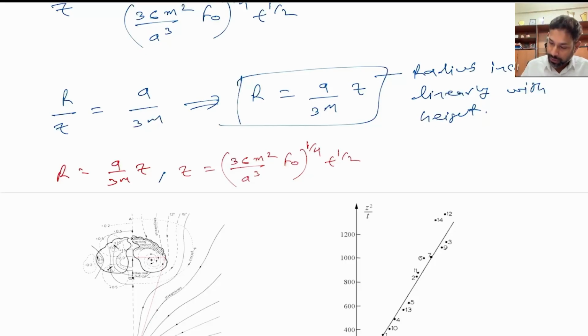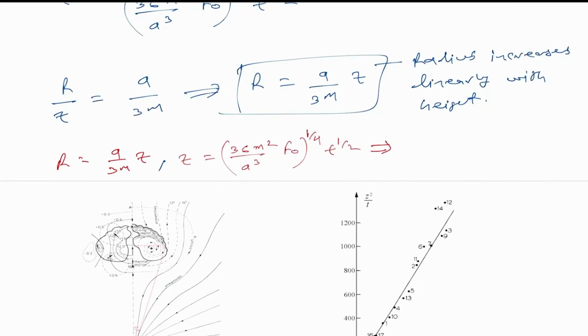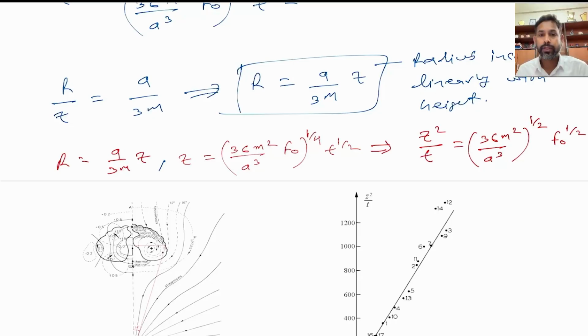Okay, so in this case this second equation gives us, let's say, an equation of the form z over t as 36 m square a cube to the power 1 over 2, f naught to the power 1 over 2, right? So if we just rearrange, this is what we get.